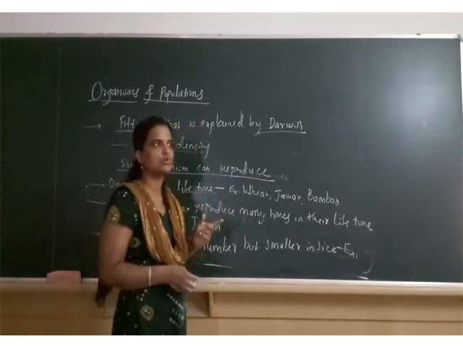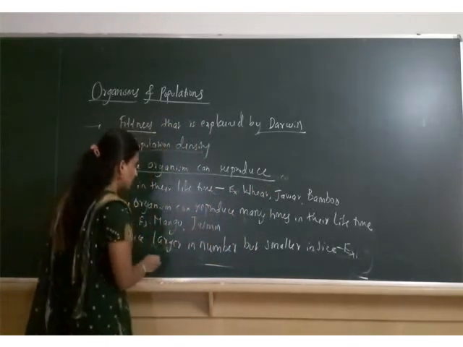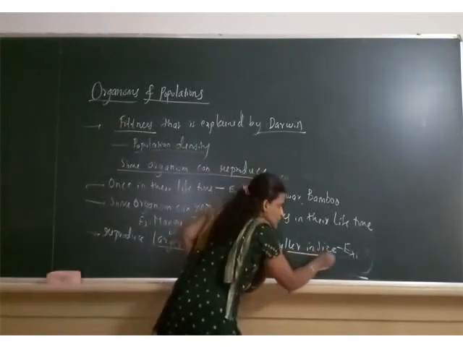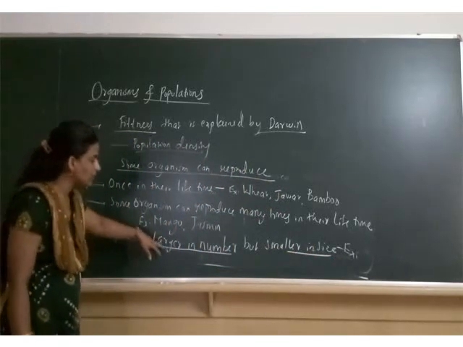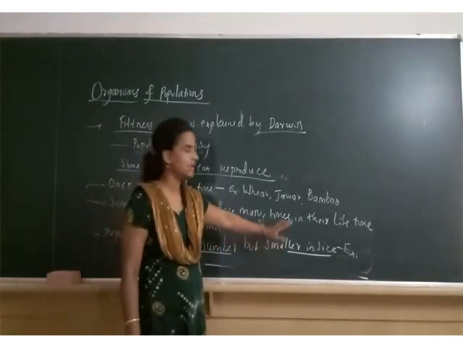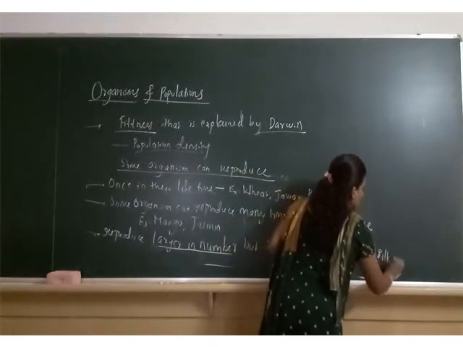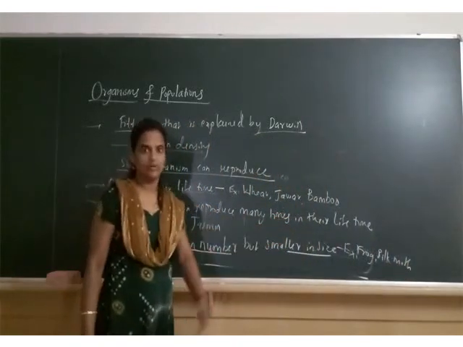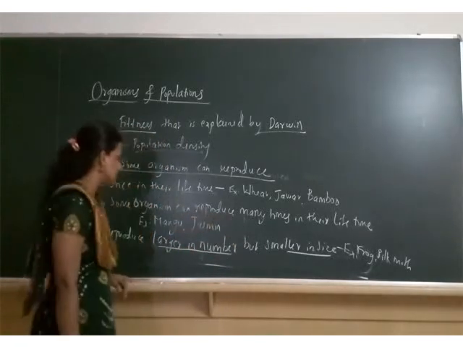How many eggs does it give at a time? 300 to 400. The offspring's number is large, but their size is small. Frog, silk moth, almost all insects are examples. For example, our mosquito is an example of that. Their offspring number is large, but their size is small.